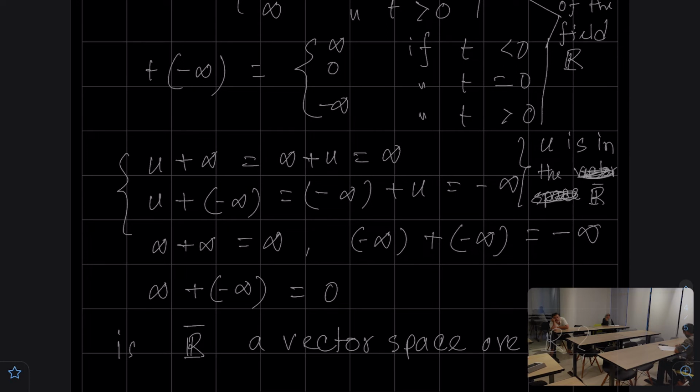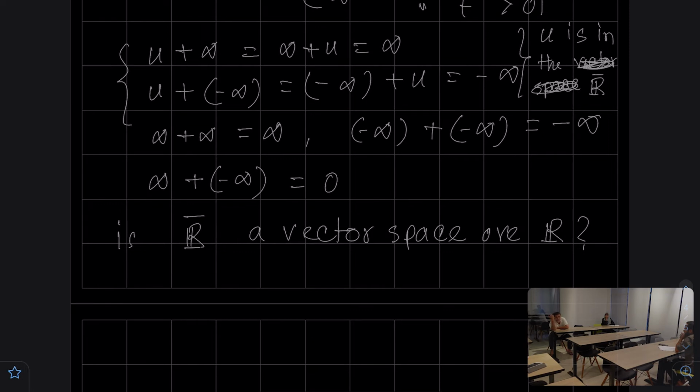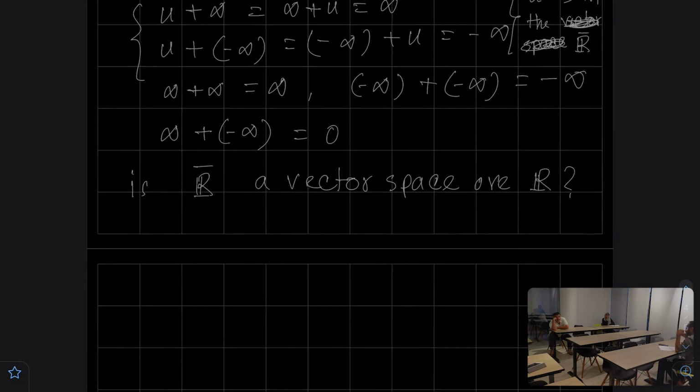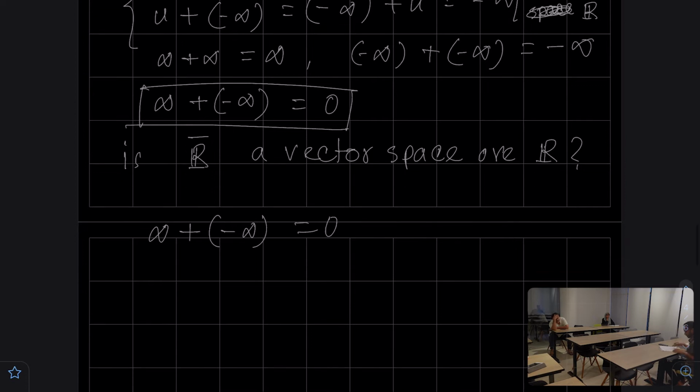Then if I use associativity, this is simply infinity plus minus infinity plus minus infinity equals 0. So yeah, she's right. It turns out that infinity is also another additive identity. But additive identity is unique, right? They cannot be two distinct additive identities. So the way I define this, it is not actually possible. That means this is not actually a vector space.